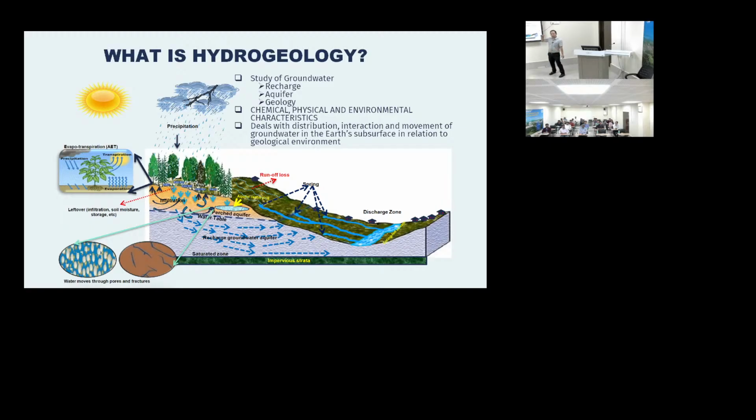So it comprises the chemical, physical, and environmental characteristics. Hydrogeology mainly deals with the distribution, interaction, and movement of groundwater in the Earth's surface in relation to the geological environment.